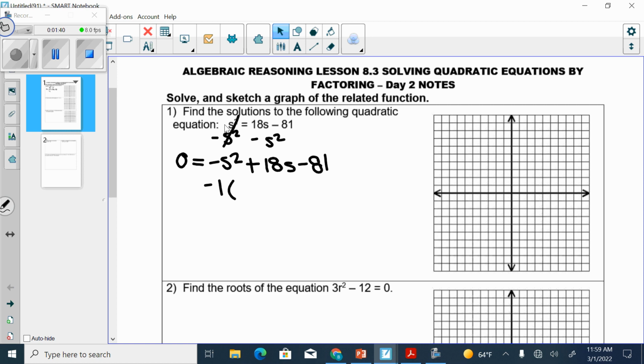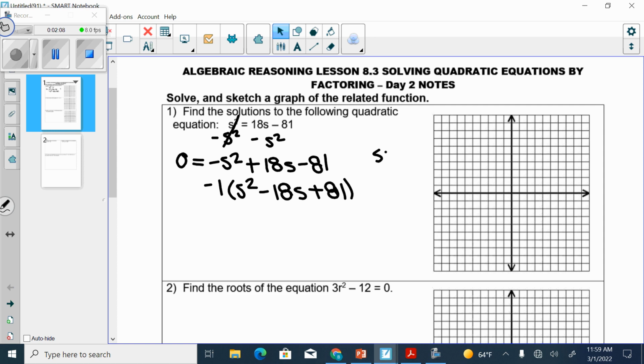When you divide a negative by a negative, it becomes a positive. Then we have a positive 18s that I'm taking a negative 1 out of. What's it going to become? And then lastly, negative 81 divided by negative 1 becomes positive 81. So we have our GCF taken out.